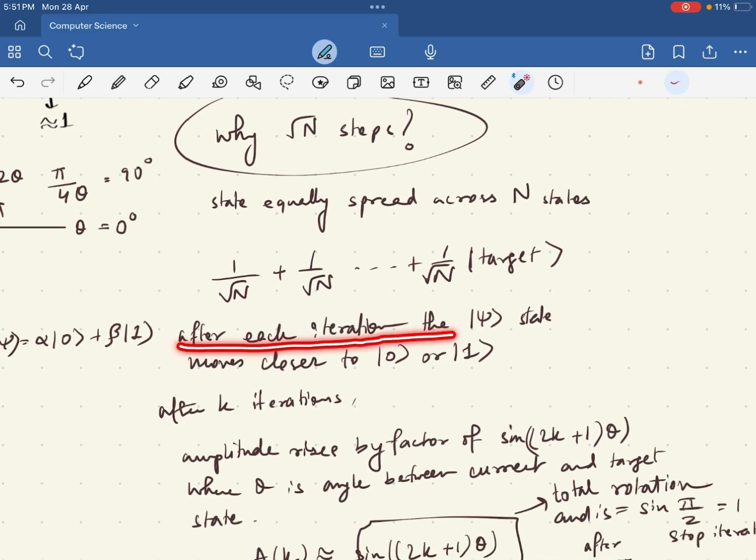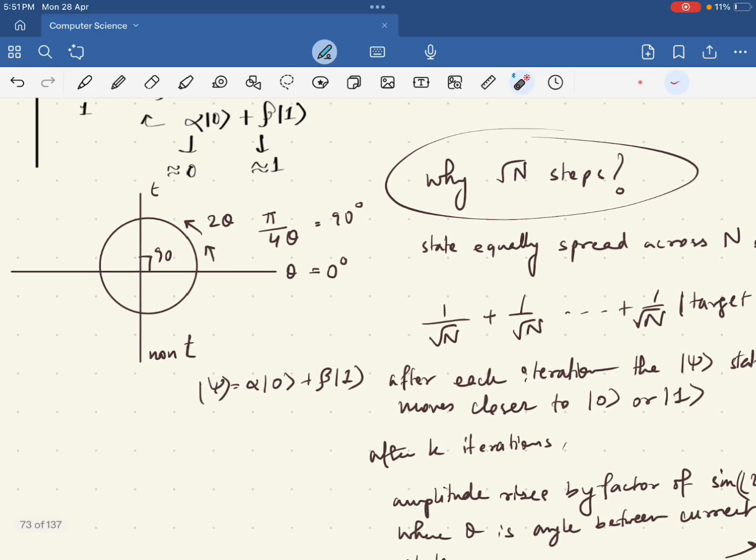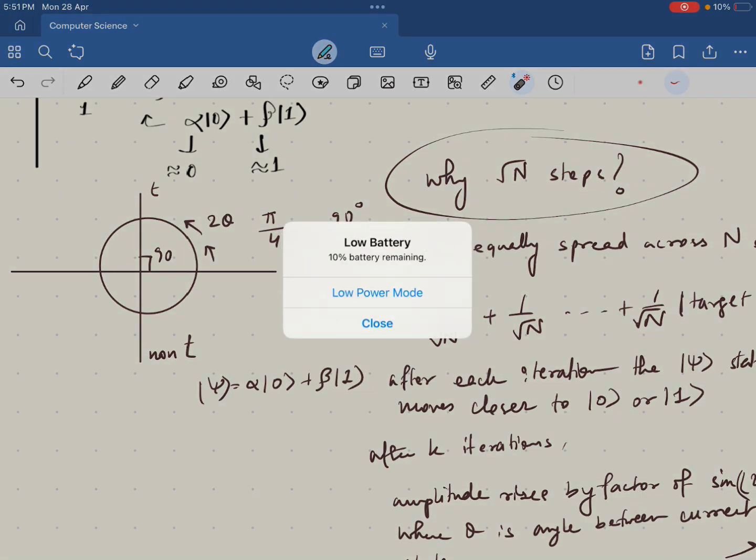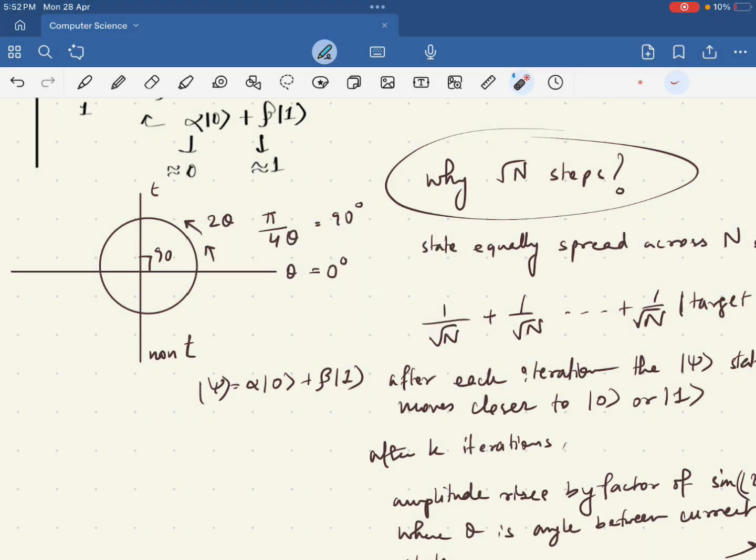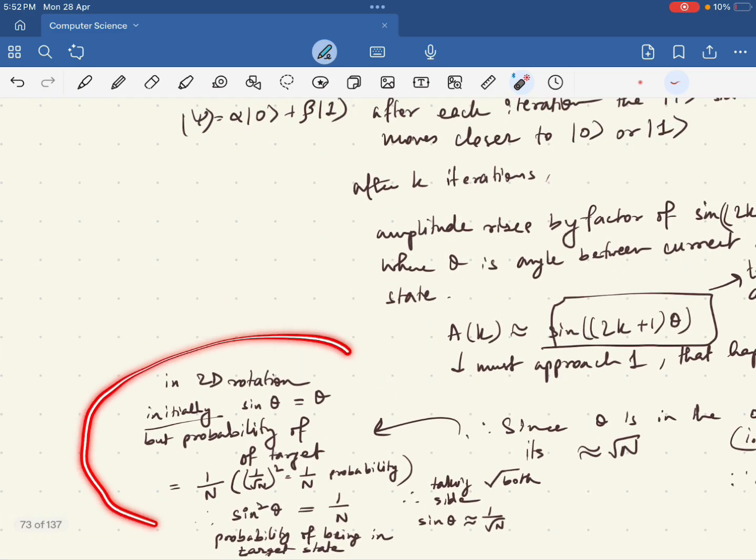Now after each iteration, the psi state moves closer and closer to the 0 or 1th state. How it does so is, suppose this is our 2D rotational graph, and this is our initial state where our theta value is 0, because we are uniformly setting each amplitude to be 1 by root N. So from here we can see that theta is nothing but equal to 1 by root N. I also have a proof for it down here.